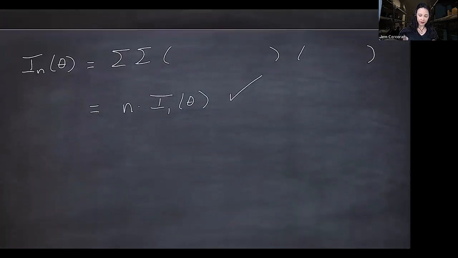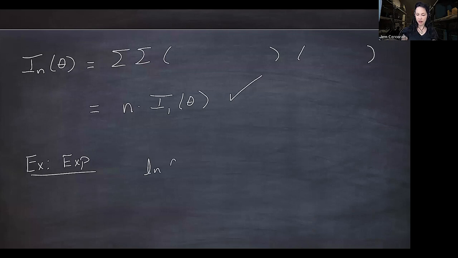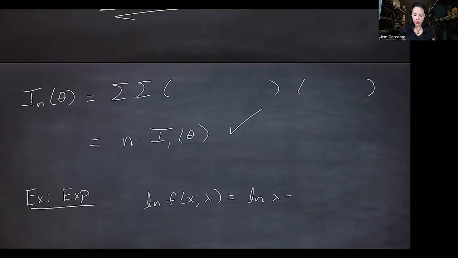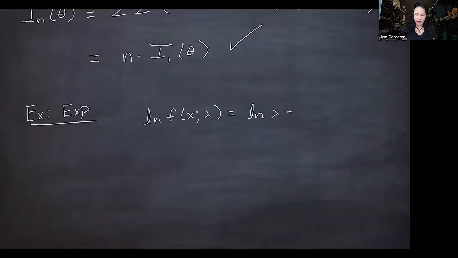So in the exponential example, we had that the log of the PDF was the log of lambda minus lambda x.